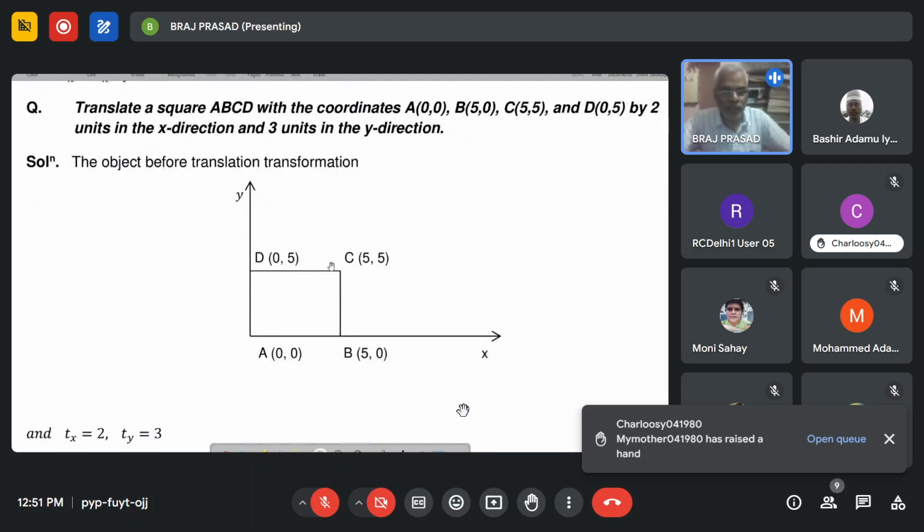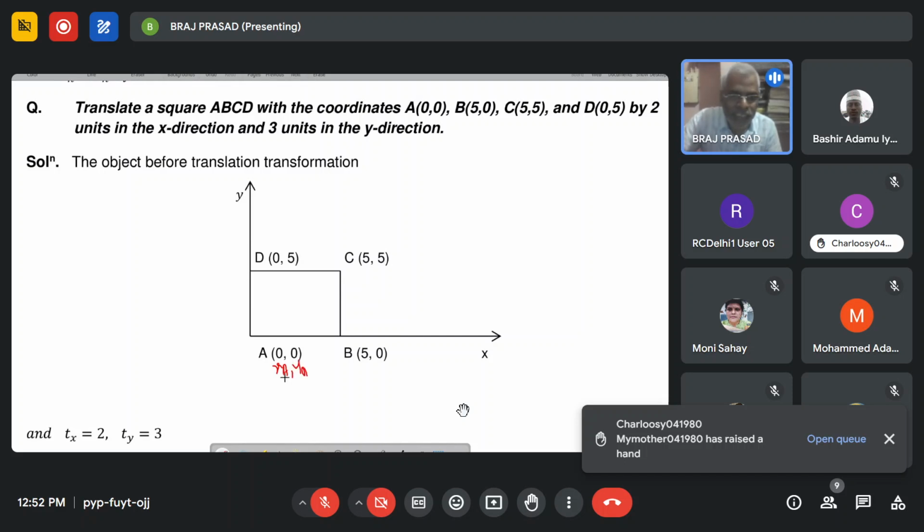Suppose it is our object. This object is a square, because the length and breadth both are 5 units. This is our length, this is our breadth, and the coordinate of this A is 0 0, and the coordinate of B is 5 comma 0. It means this is our xa, and this is our ya.